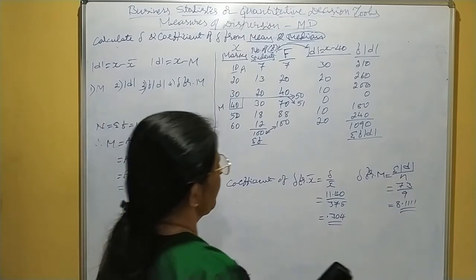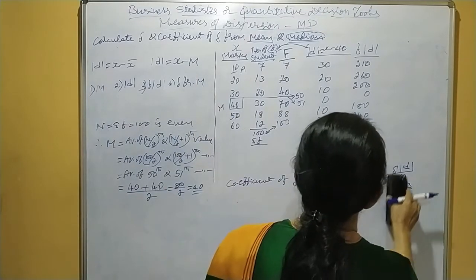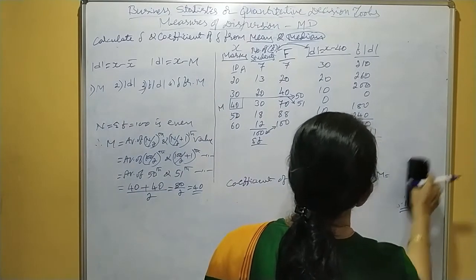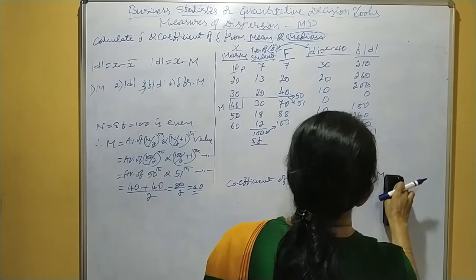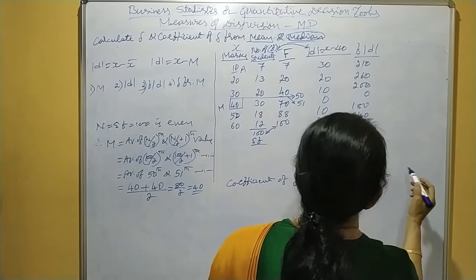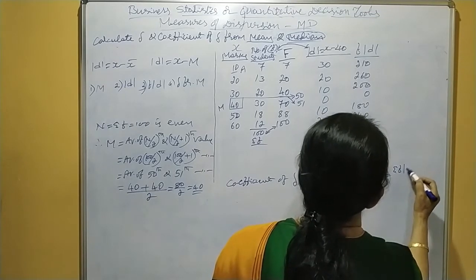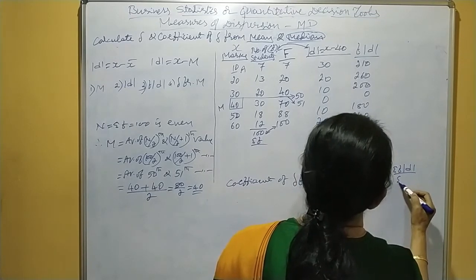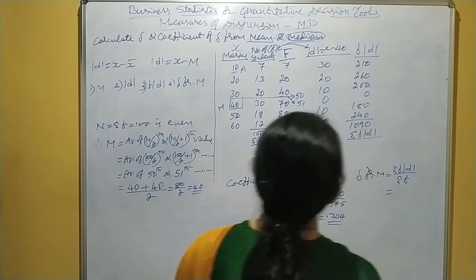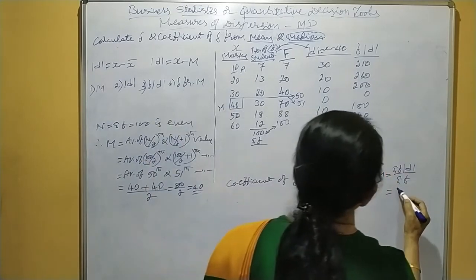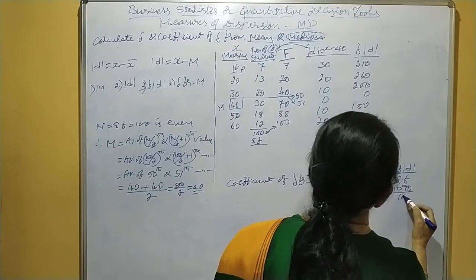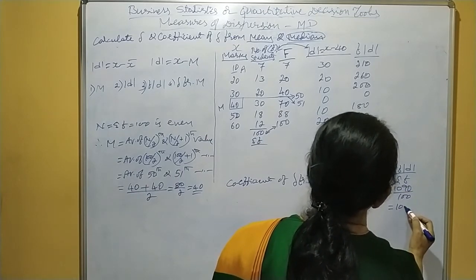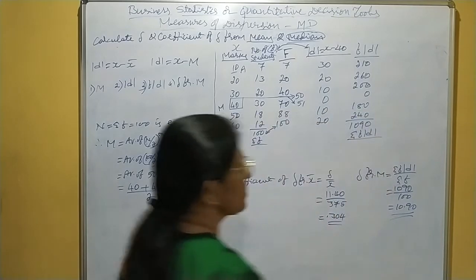Now mean deviation from median, the formula, it is discrete series, that is group data, then formula is sigma f modulus d divided by sigma f, because sigma f modulus d is 1090 divided by sigma f is 100, it comes to 10.90.